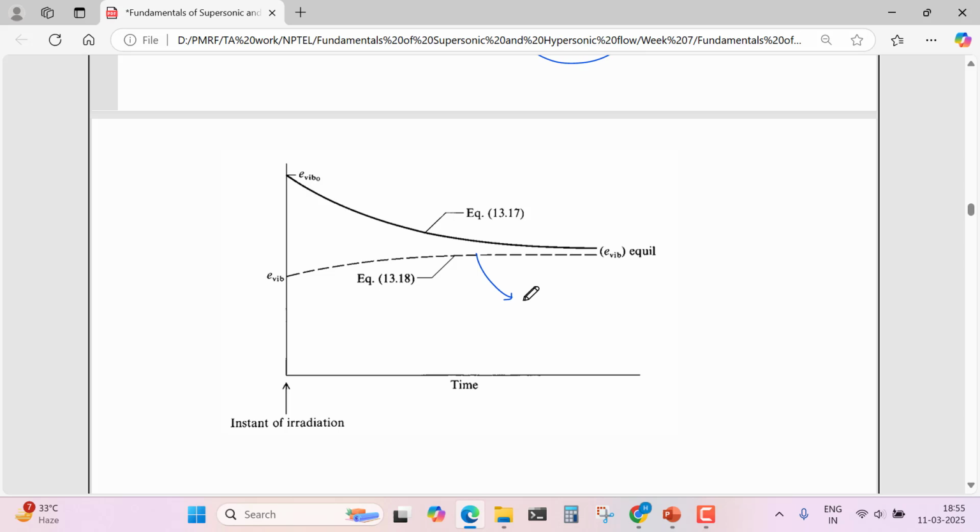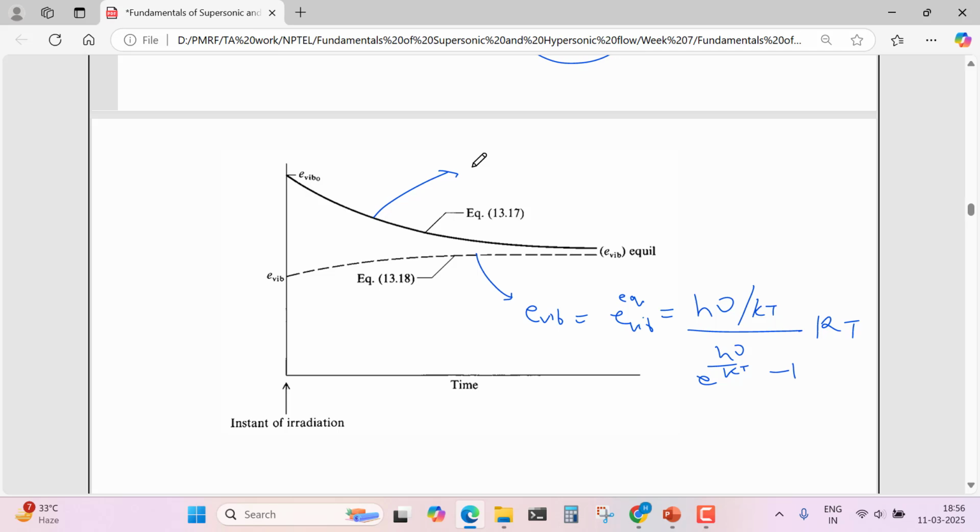This is for equilibrium: E vibrational equilibrium equals h nu by kT upon e to the power h nu by kT minus 1, times RT. This is for this plot.